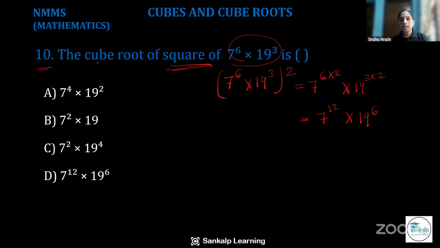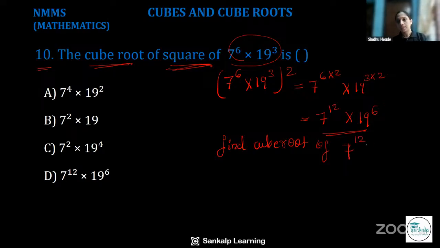Now we want to calculate the cube root of this number, 7 raised to 12 into 19 raised to 6.